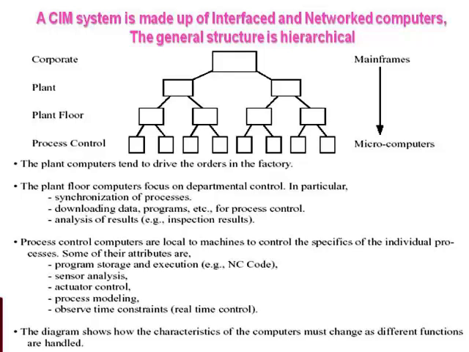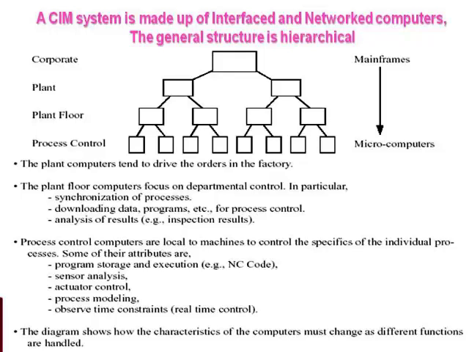The plant floor computers focus on departmental control, in particular synchronization of processes, downloading of data and programs for process control, and analysis of results like inspection reports and other things. Process control computers are local machine control units that control the specifics of individual processes. Some of their attributes are program storage, sensory control, actuator control, process modeling, etc. So this is how the hierarchical levels of networking can be done.